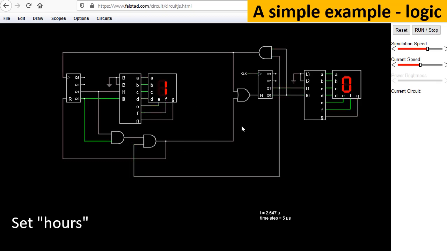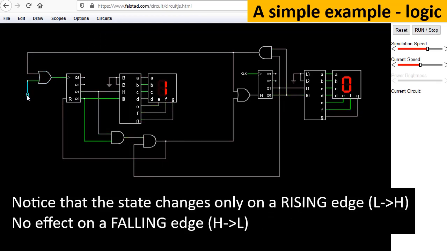And to set manually this counter, we can just add here additional, let's say, clock. Done with switch by you, I'll use simple logic input. So let's take a look. Working.